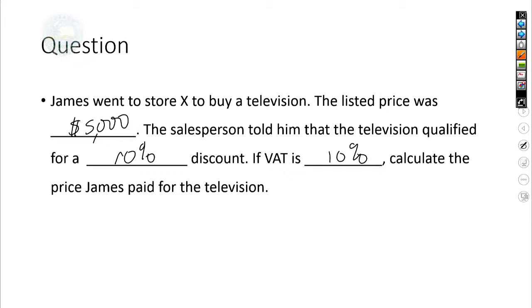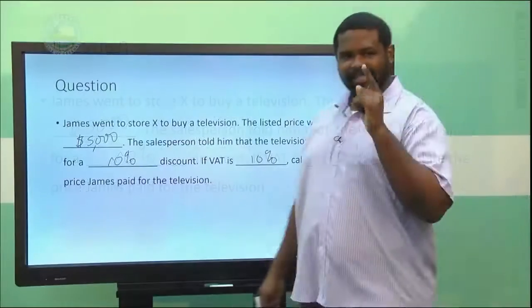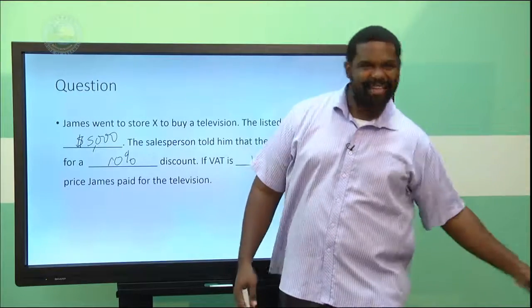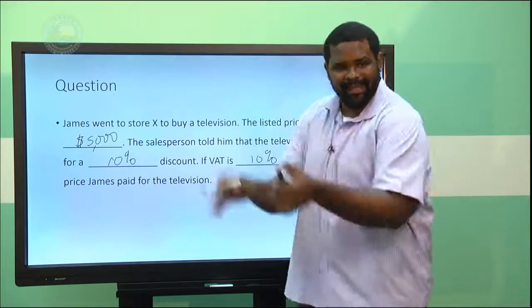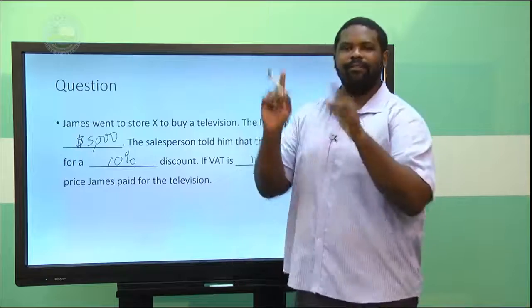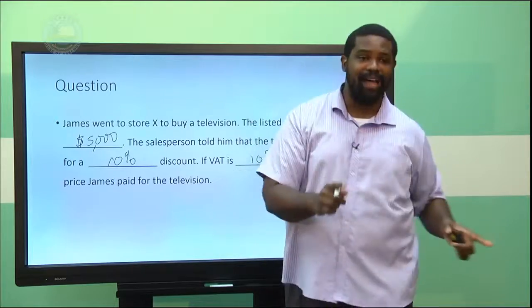Now I know that there are some of us that are watching this and saying, well, the answer could be $5,000. But is it going to be $5,000? Remember, VAT is paid on the last price. So we have to first work out what is the value with the discount and then find out the VAT on that.